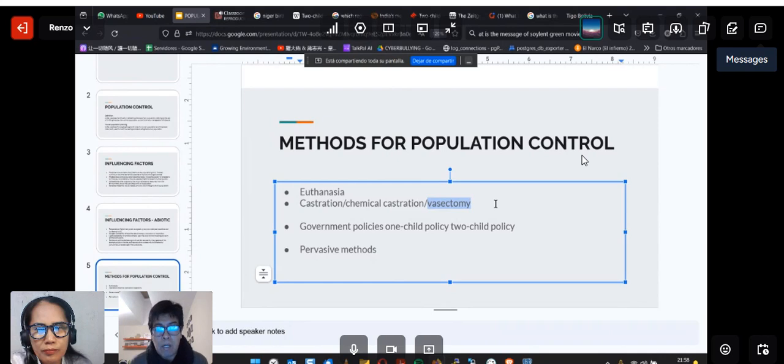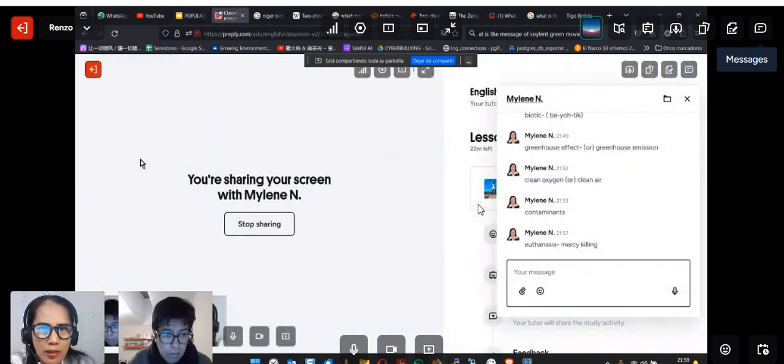They want the power to decide when they go through this surgery or procedure to no longer have the ability to procreate. Exactly. But in my opinion, vasectomy and euthanasia are two different things.